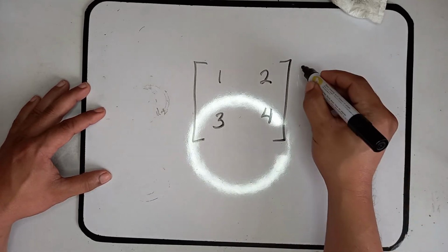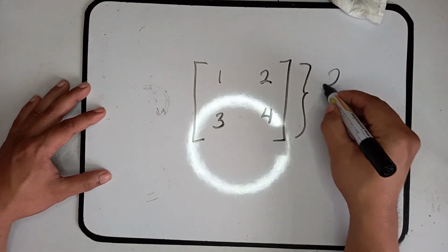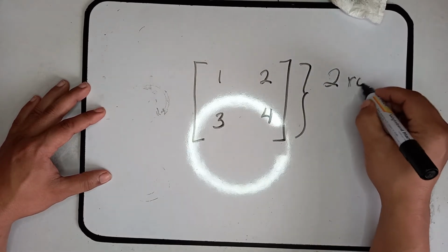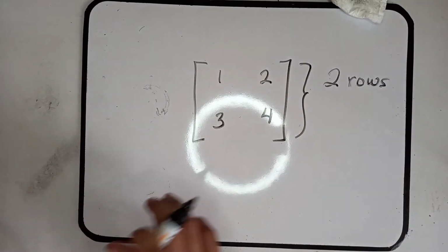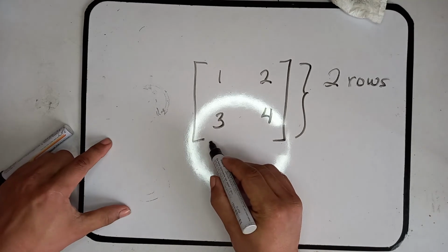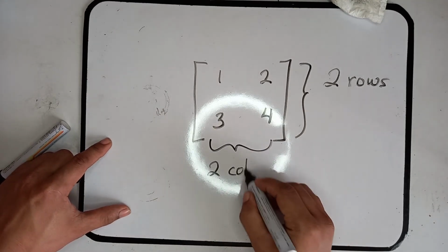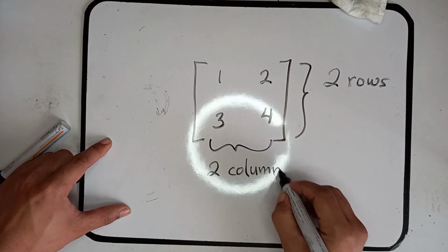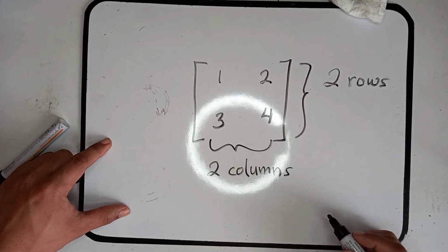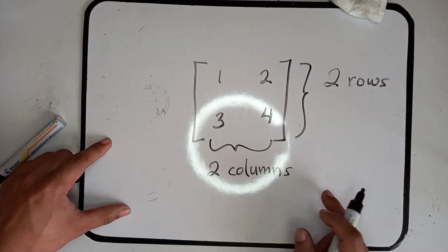So this matrix has two rows and has two columns. Okay, so this matrix has two rows and has two columns.